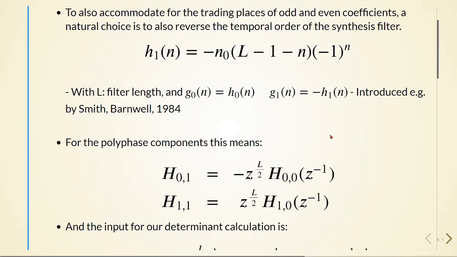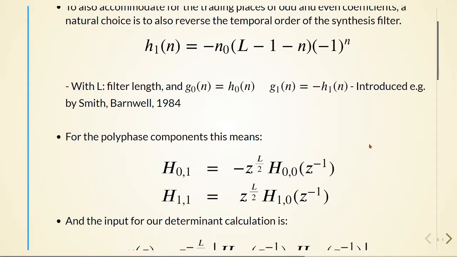For the polyphase components, this means these equations here, and we have a minus Z to the power of L divided by 2 for the H00, and a Z to the power of L divided by 2 for this H10.